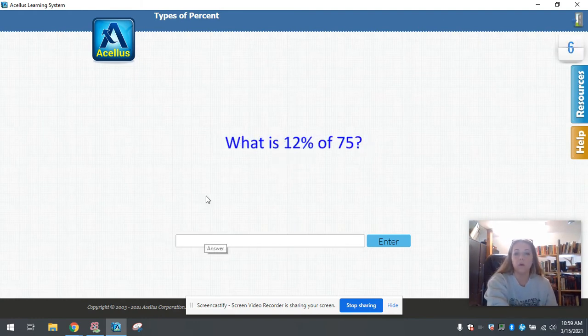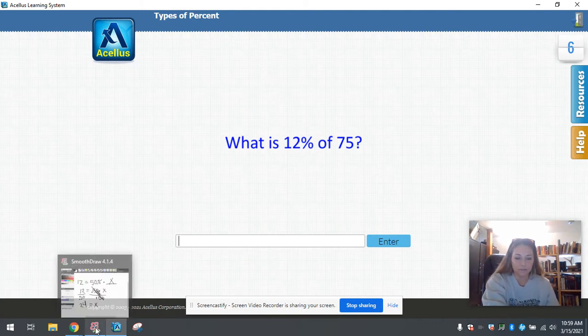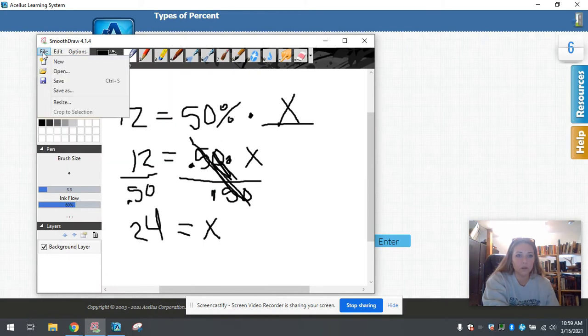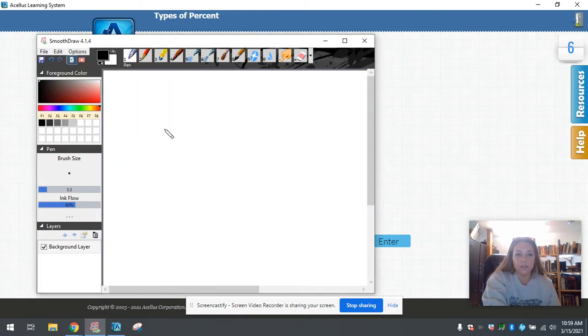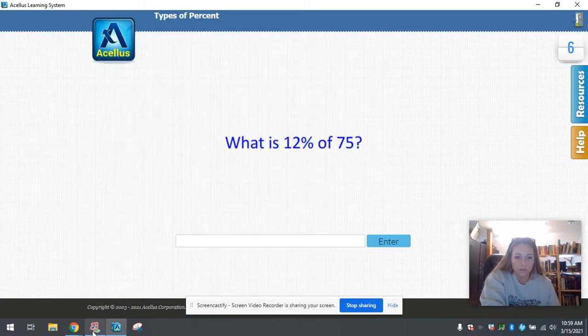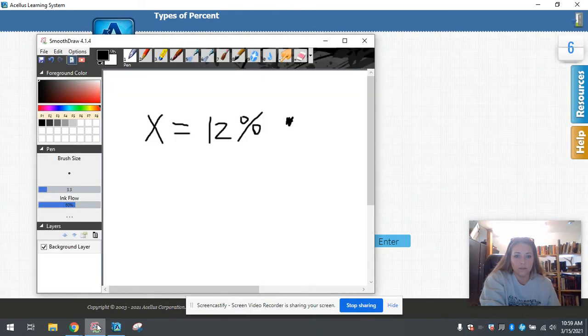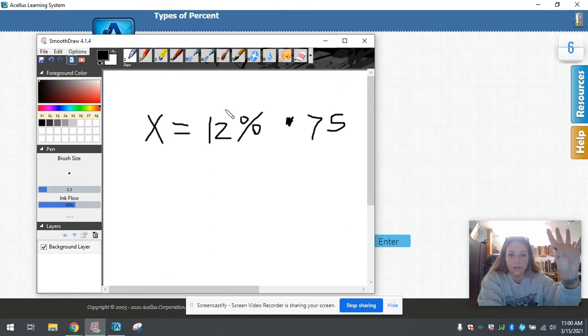Okay. What is 12% of 75? Again, the what is what we're solving for. We don't know. What is 12% of times 75. That's a times, that's a dot. Now, in this equation, the variable is already isolated on one side of the equation. Cool.